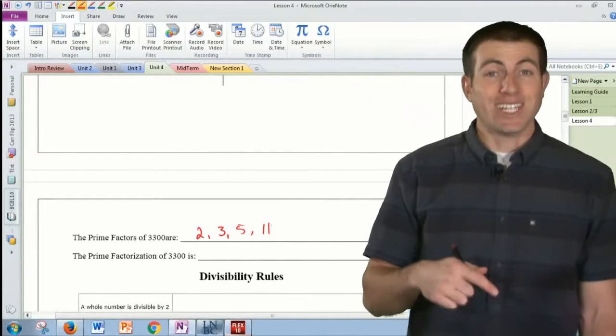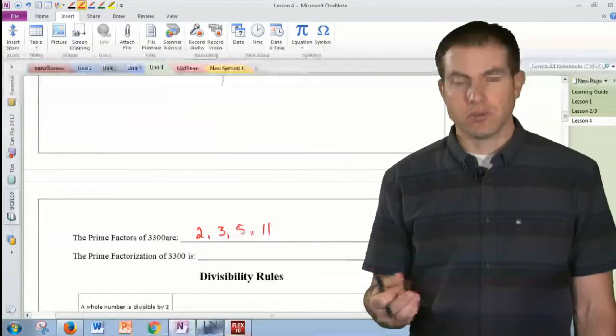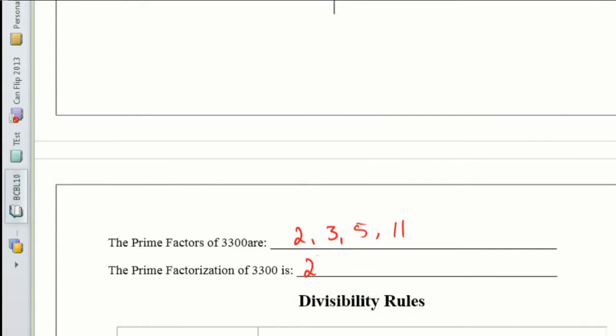The prime factorization of 3,300 is a little bit different. How many times did each of those numbers appear? So I had 2, and it appeared 2 times. I had 3, it appeared once. I had 5, it appeared 2 times, and I had 11.